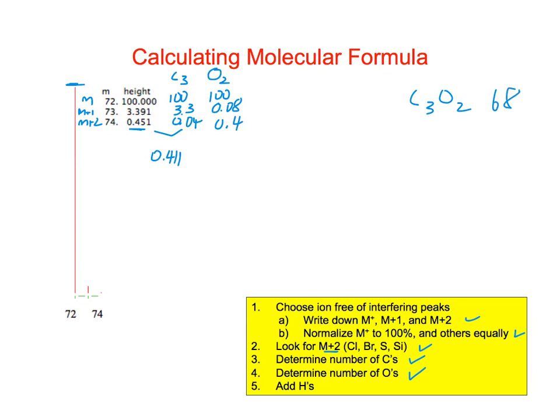And we have 4 mass units left, so we have H4. We can write these in as well if we want to see how they all add up. The A plus 1 is 4 times 0.015. I didn't write those numbers down. Okay, so our formula should be C3H4O2.